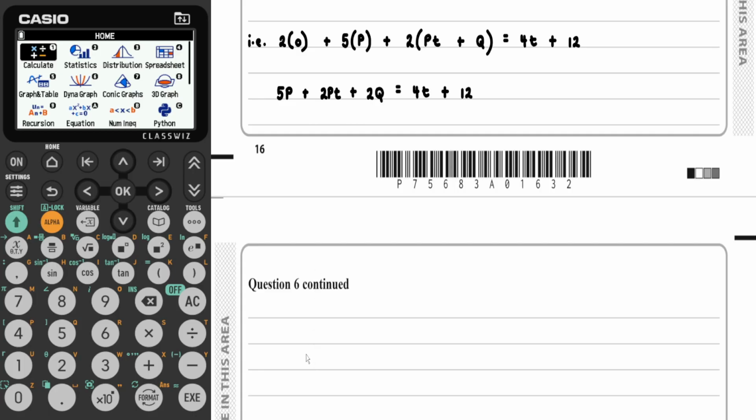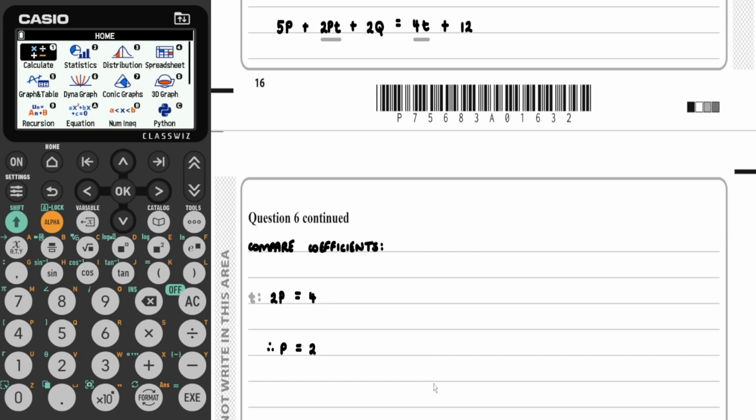For us to find out what p and q are, we can compare coefficients. So let's look at the t terms. On the left hand side I've got 2p of them, and on the right hand side I've got 4 of them. 2p is equal to 4, meaning p is equal to 2. Let's now look at the numbers.